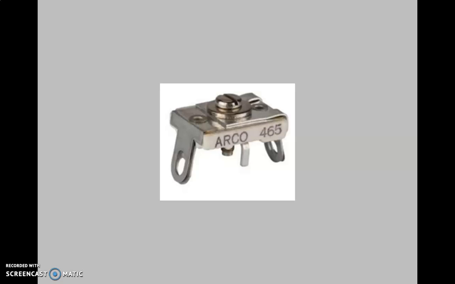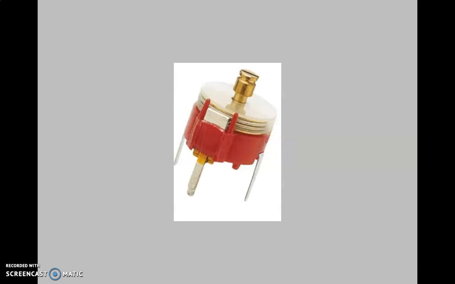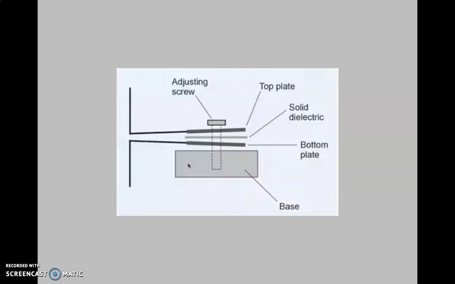The second application is that if the value drifts over time, the trimmer capacitors allow repair to calibrate equipment when needed. All these come in the service part and not at the end user. And there are two types of trimmer capacitors based on the dielectric used in it. The dielectric used is air or ceramic.